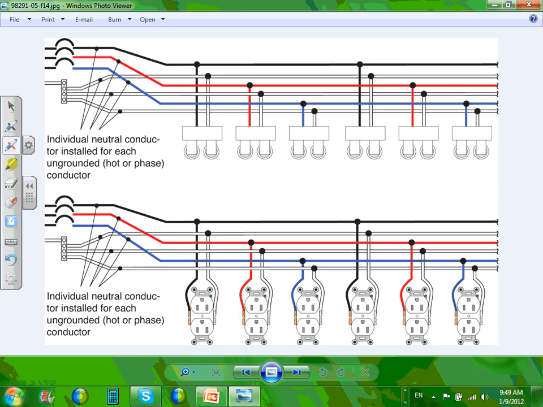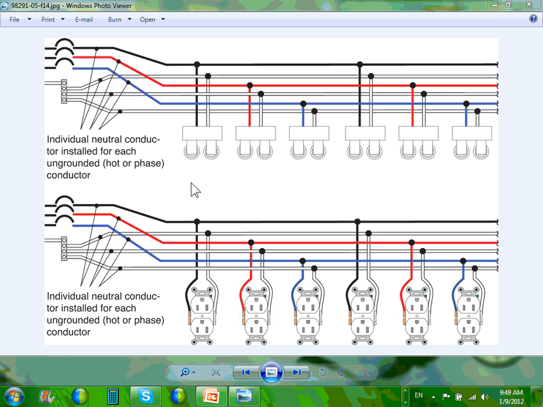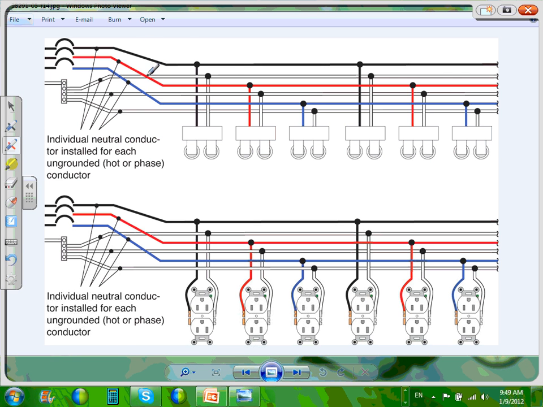The same thing for the receptacles. In our project, guys, in certain applications they ask for a neutral with every 20 amp circuit, because of the harmonics.